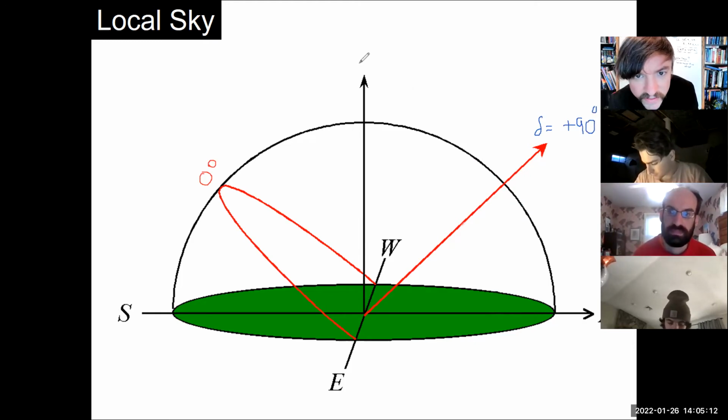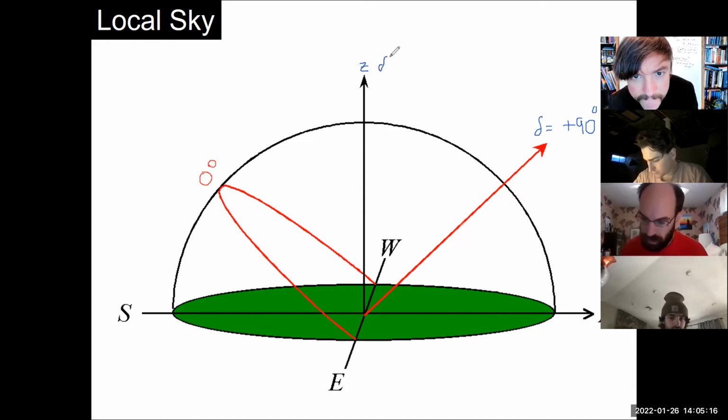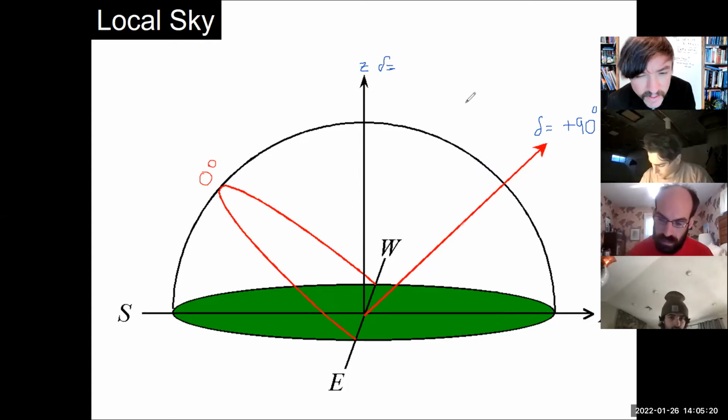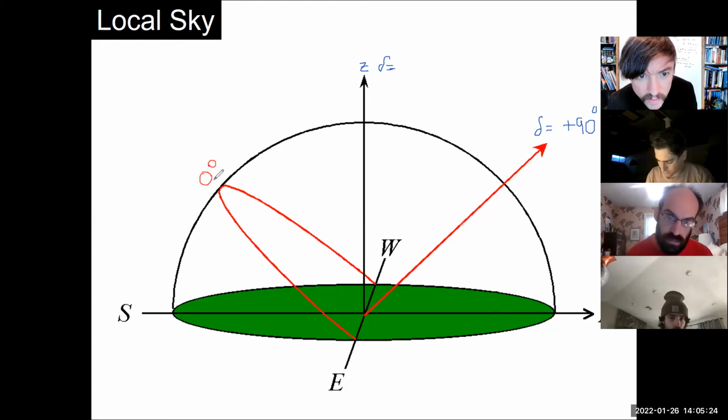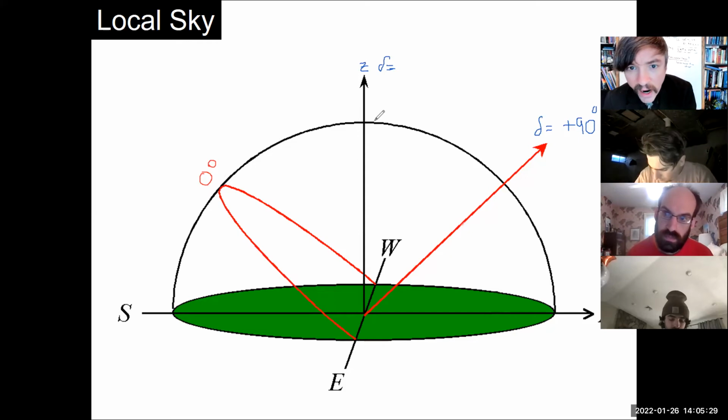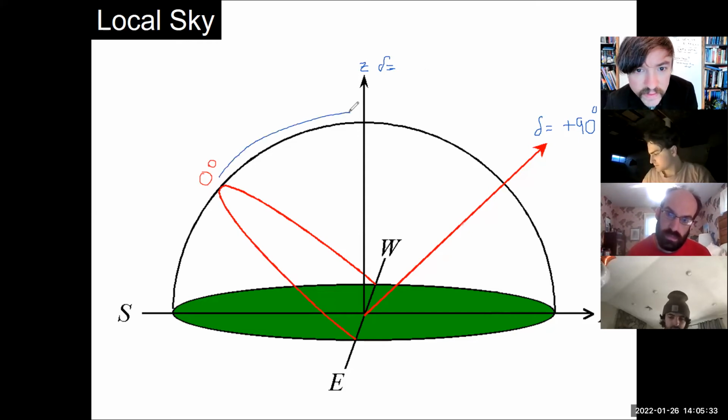What would the declination of your zenith be? Not 45. In Rhode Island, it would be this angle, degrees up from the celestial equator. 42 degrees. That's right, your latitude.